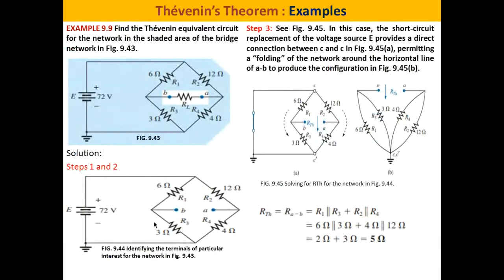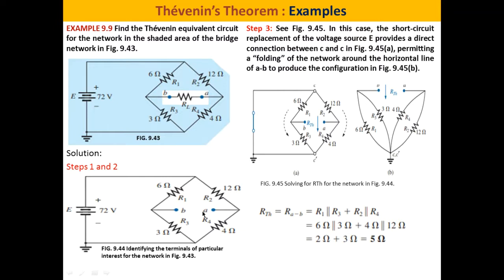Okay, let's go to another example, 9.9. Let's see this circuit. It seems very complicated, and we are interested to calculate, for example, the current and the voltage across RL. So what is the procedure here? We have to apply the Thevenin theorem to replace whatever is highlighted in blue by its Thevenin equivalent circuit, and then connect again RL and calculate the current, the voltage, whatever in RL.